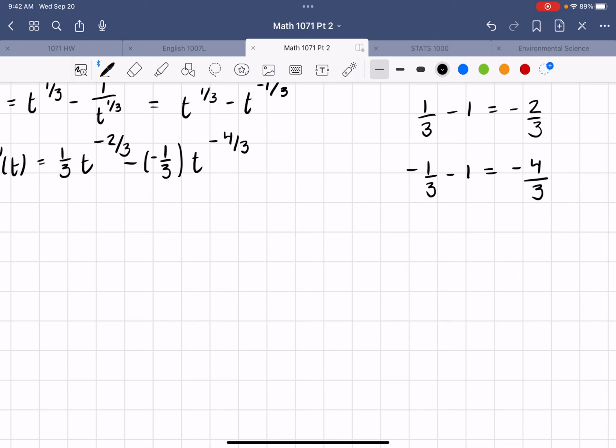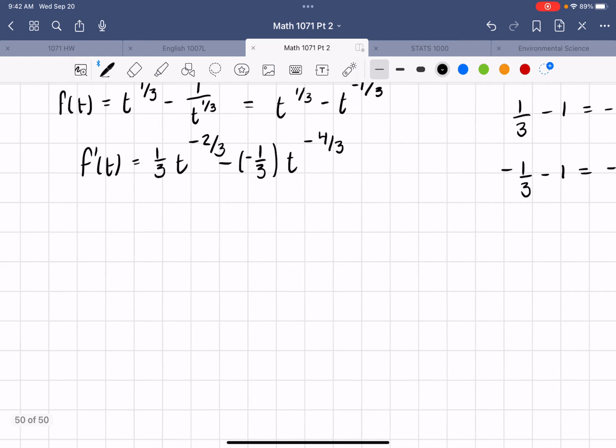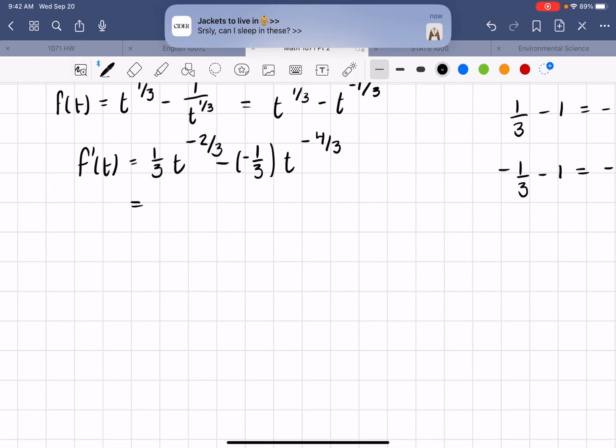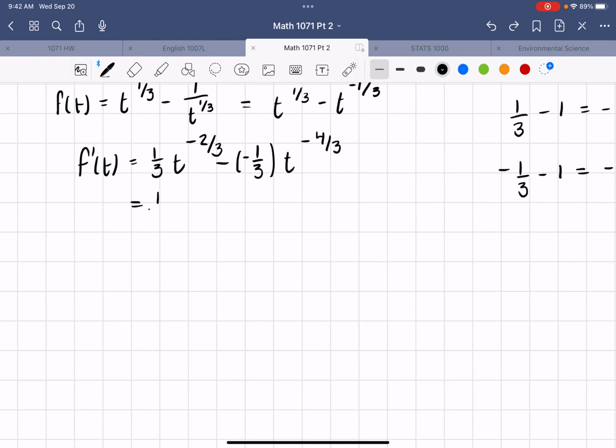And so if you left your answer like that, I'd be happy. But I want to be sure you understand. This is a 3 in the denominator. The negative puts t in the denominator. But what is 2/3? It's the cube root of t squared. This is a perfectly acceptable answer. But I want you to understand what it means. The negative puts it in the denominator.